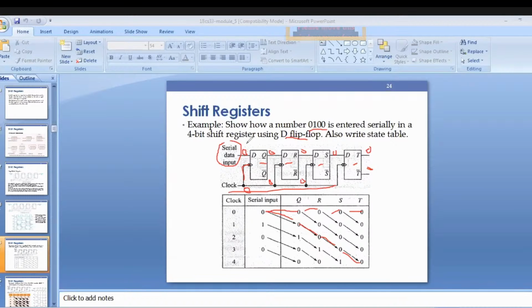Take the next input, 1. When the input is 1, the clock is also 1. What is the output here? Next, you have to shift the 1 along, 1 to 1, 1 to 1. Next, if it is 0, everything will get 0.